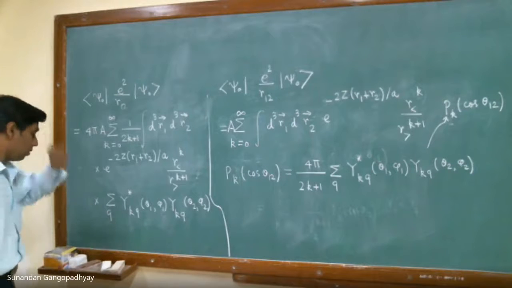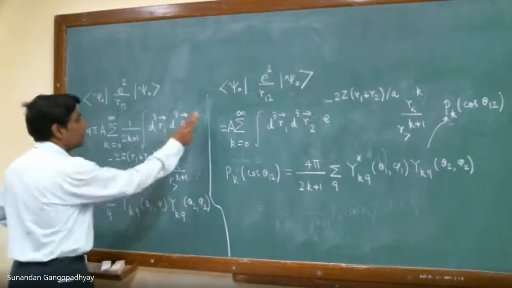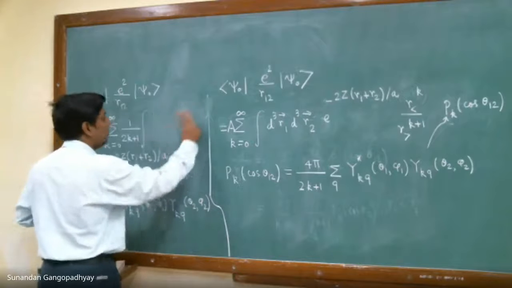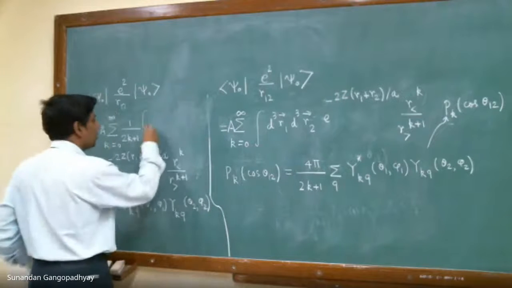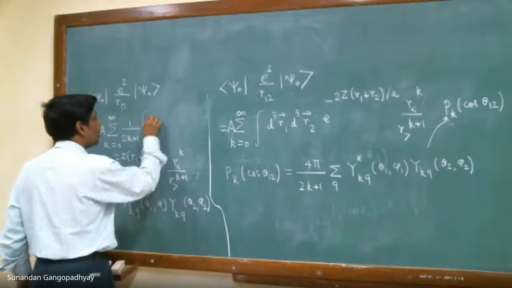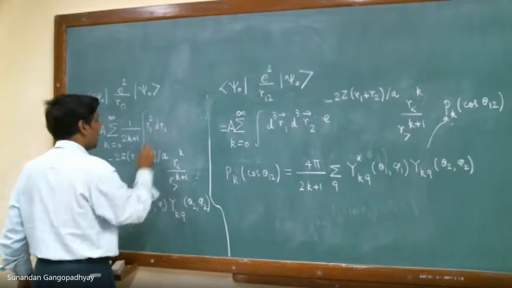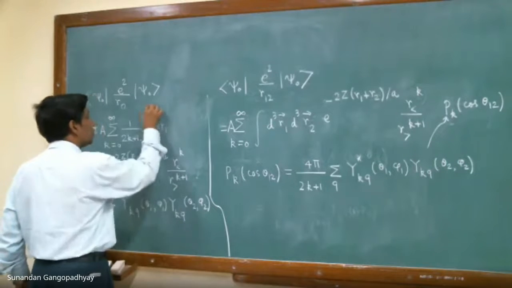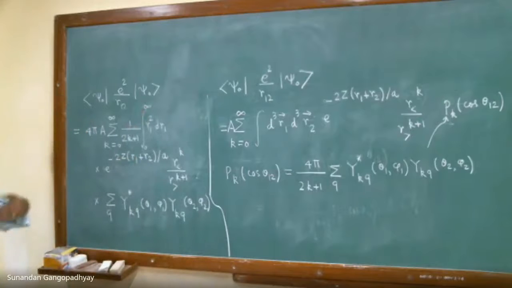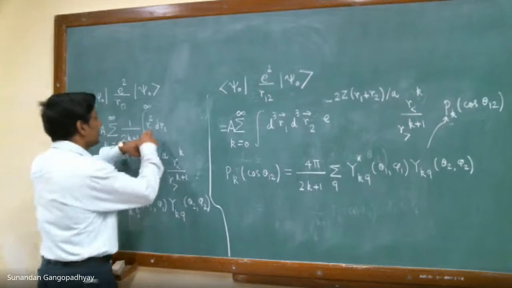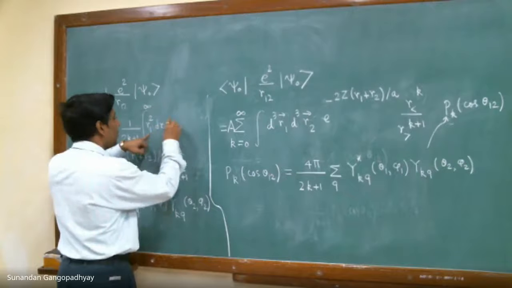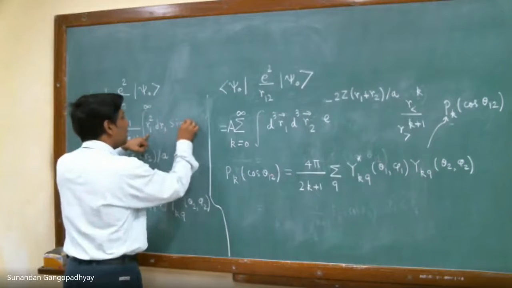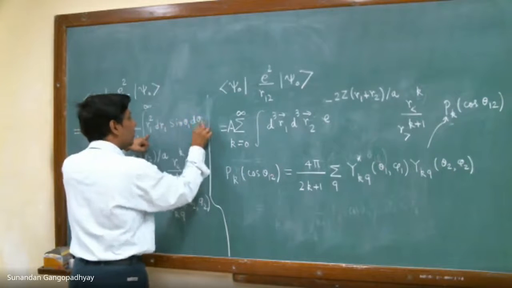And now what we have to do is write down these integration measures. So d cubed r1 is r1 square dr1, and that integral will be from 0 to infinity because the radial integrals are from 0 to infinity. So it is r1 square dr1 sine theta 1 d theta 1 d phi 1.